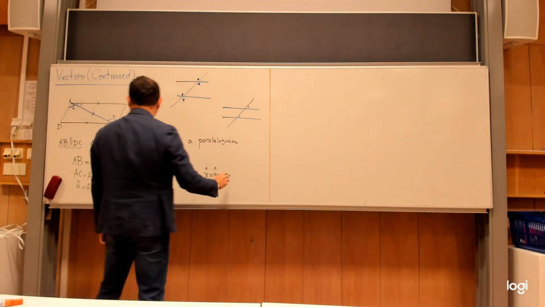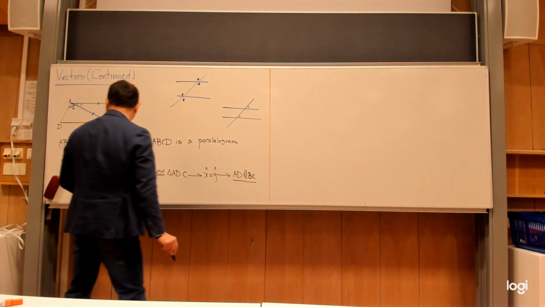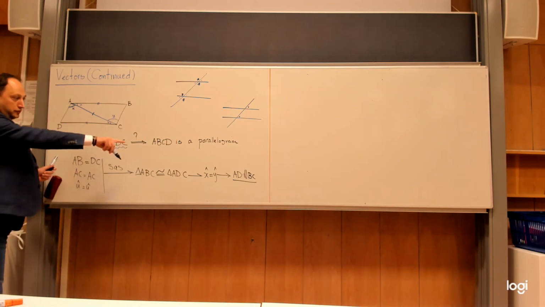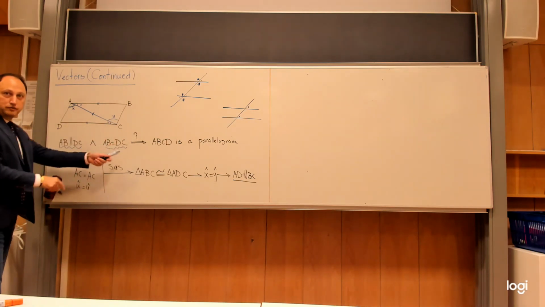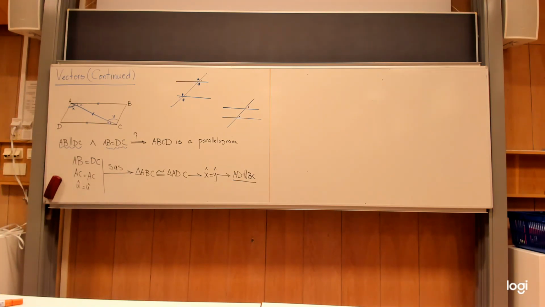So this means that AD is parallel to BC. Okay? And then we are done, because from the beginning I knew that these two are parallel. Now I proved that based on this extra piece of information, the other two are also parallel. And then we conclude that this is a parallelogram.